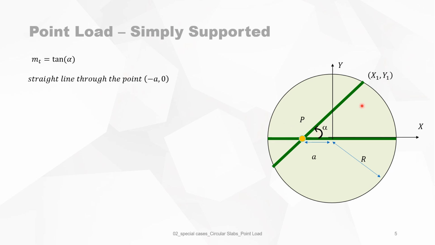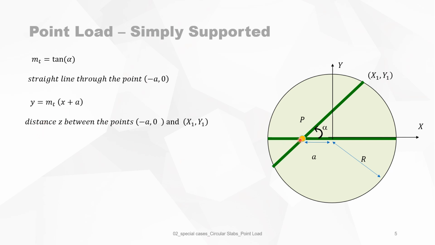And the straight line must go through the point minus a, 0, which is the position where the external load is applied. So we need just the equation of a straight line with a known slope through a certain point on the circumference. The equation of this line is then, of course, y equals mt times (x plus a).